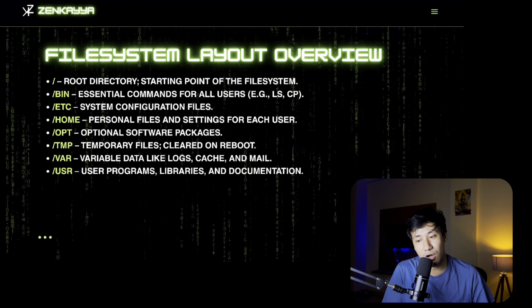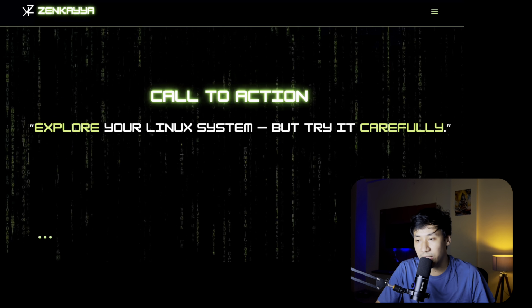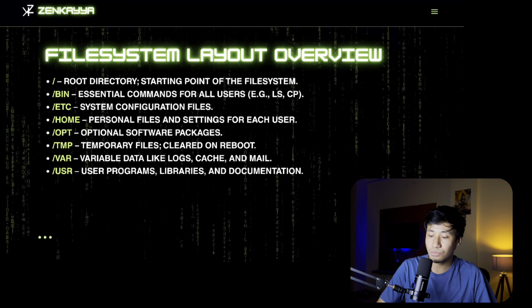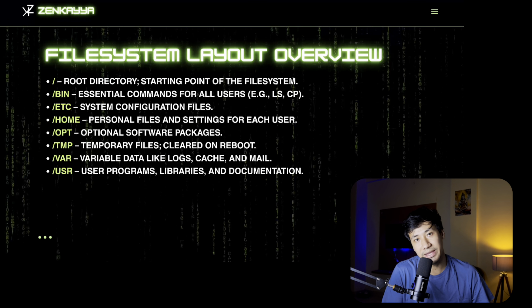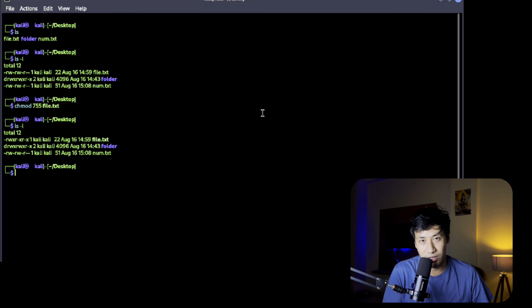Variable data like logs, cache and mail will be kept in var. User programs, libraries and documentation will be kept in usr, the user folder. So this is how the Linux directory system looks like. Overall, I have just given you a glimpse of how the Linux directory looks like.